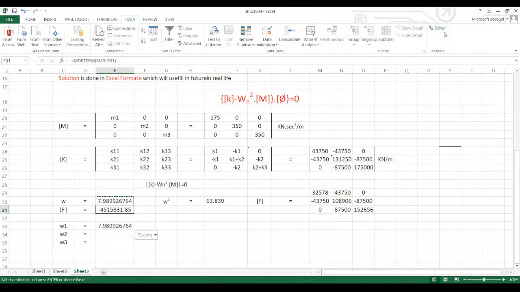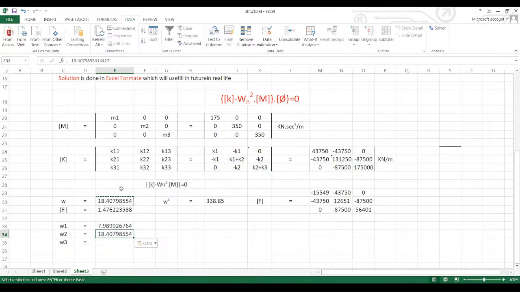Select this equation, solve, and put the objective value, that is f determinant, the value 0, and you have the variables to change. Still you have to change this variable, and add your value this, greater or equal to 8. Okay, and solve. The another value we have got 18.64, control C, control V.